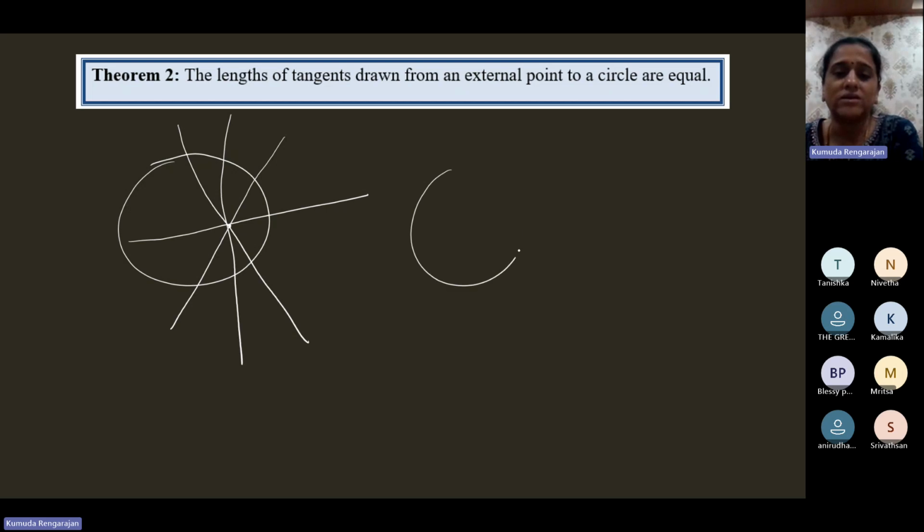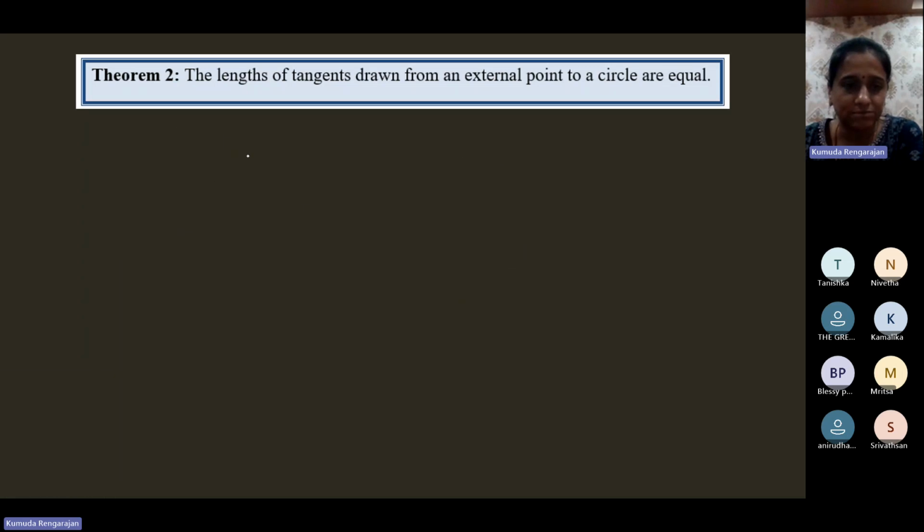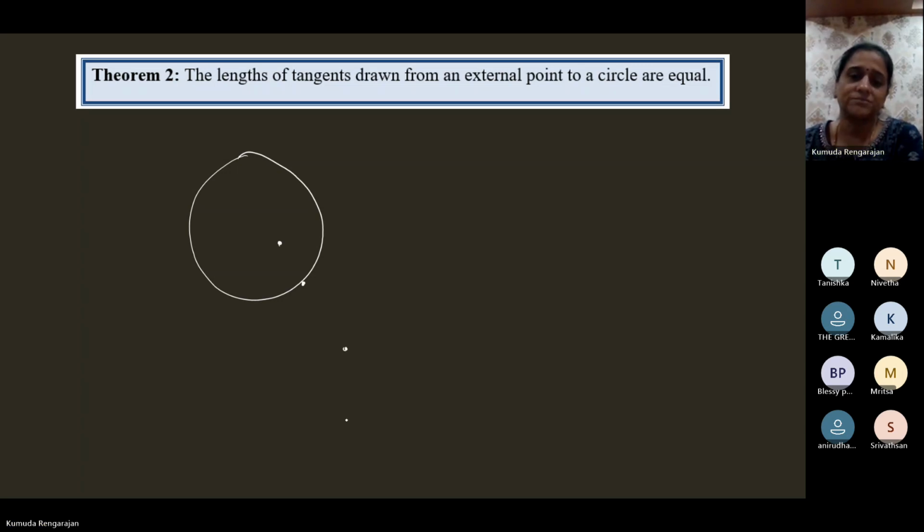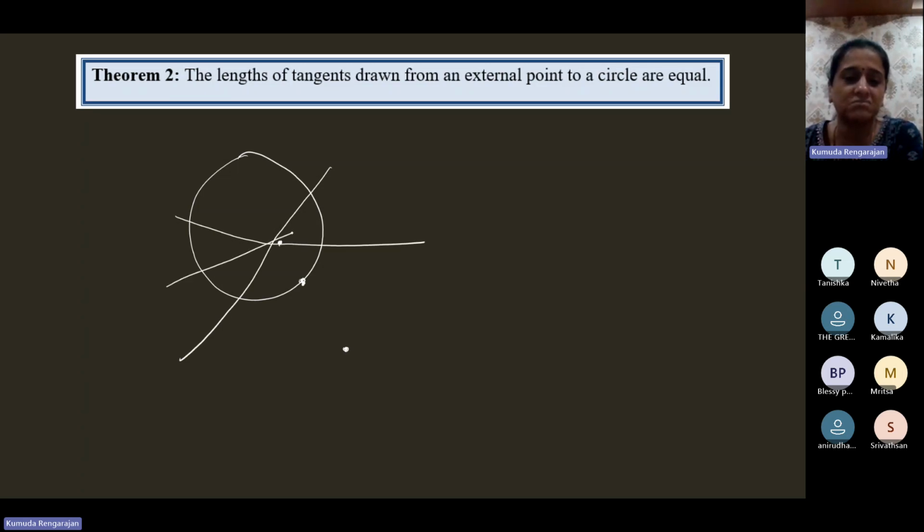Now, with respect to a circle, there are three different positions: point inside the circle, point on the circle, point outside the circle. Inside the circle, there is no tangent that can be drawn passing through the point.